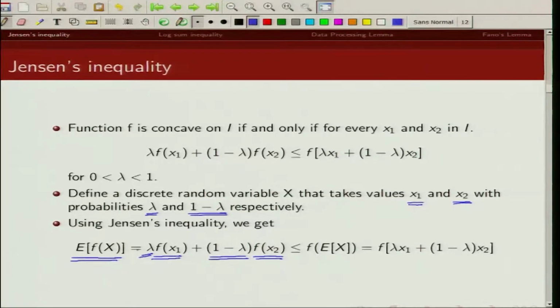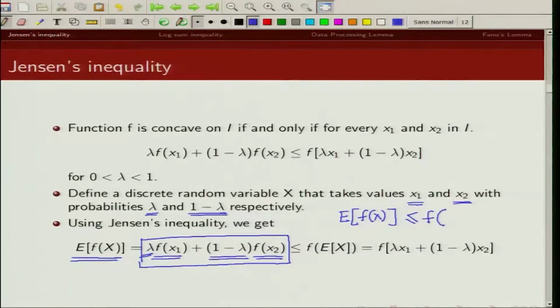So, this is the value for the expected value of the function f of x. Now, Jensen's inequality says if the function is concave, then the expected value of the function is less than or equal to the function evaluated at the expected value of x. So, according to Jensen's inequality, this term will be less than this.